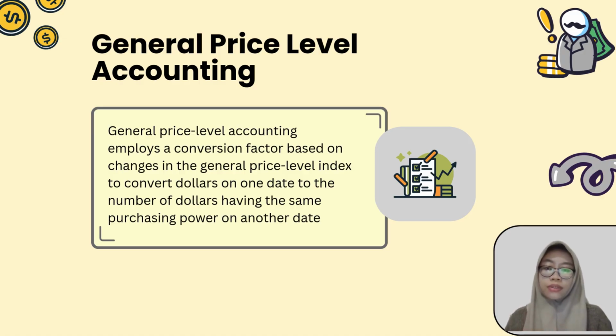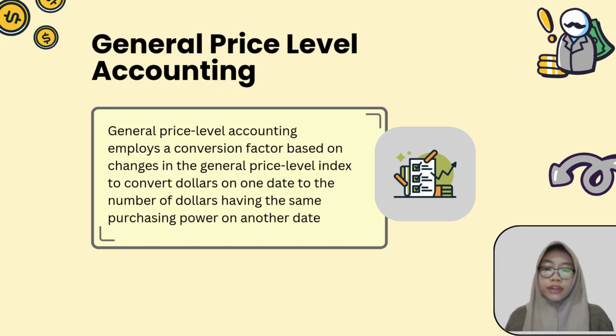So this is neat because the traditional historical cost accounting assumes the value of money remains constant over time. However, in reality, inflation causes the value of money to decrease and deflation causes it to increase.